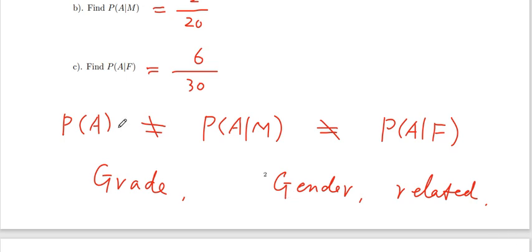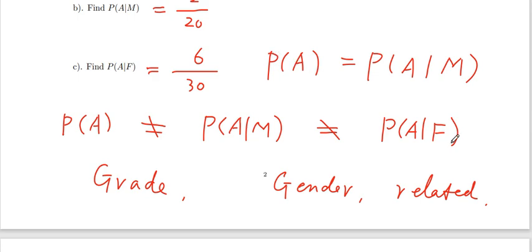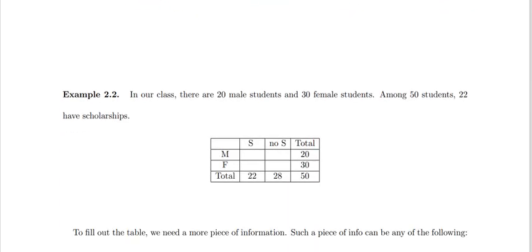Okay, so if they're equal, like P(A) getting A for all students, and for male students getting A, or for female students getting A, they're the same. So this means that getting A or not getting A has nothing to do with male or female, right? So we say in this case, grade and gender are independent, not related.